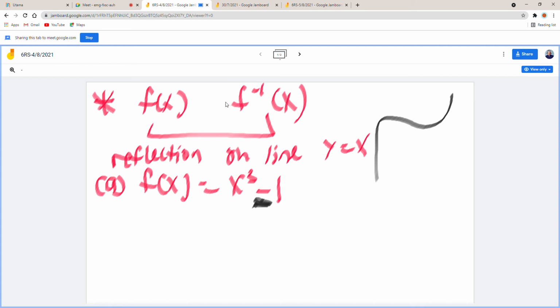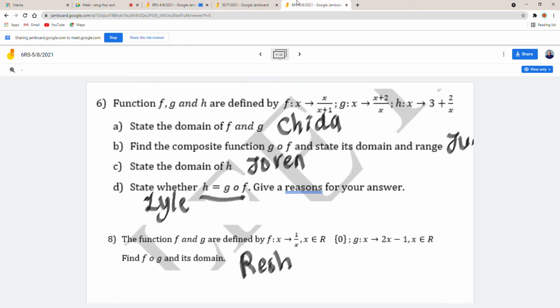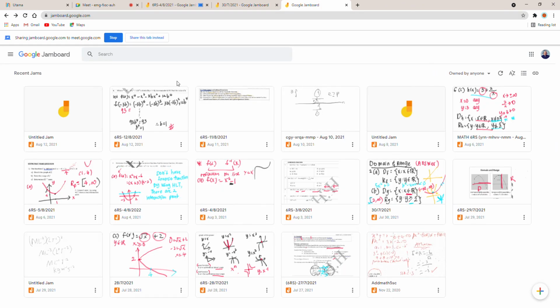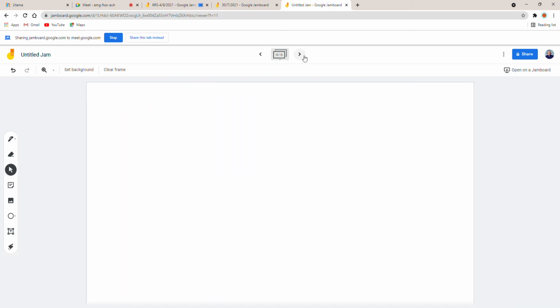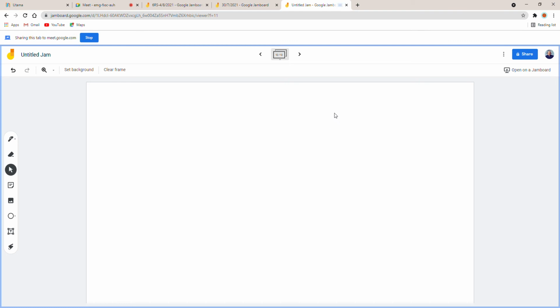Okay, sometimes they give you f(x) and ask you to find the f inverse and draw the graph. So when you draw the graph for f inverse, it's just a reflection. Let's say the f(x) graph is like this.